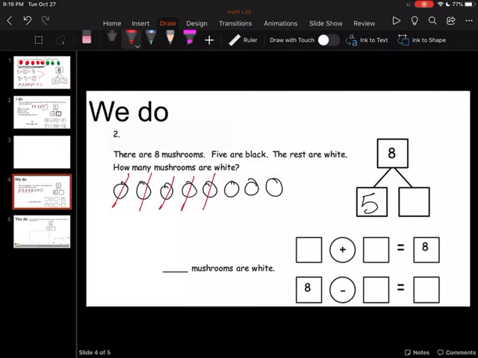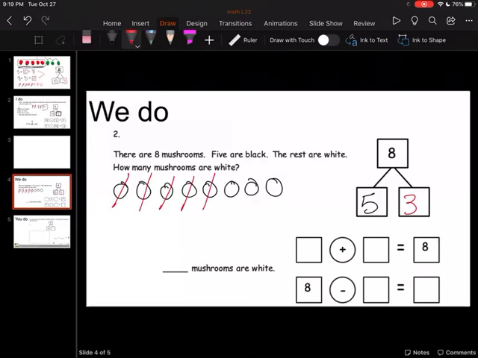All right. So how many mushrooms am I left with after I crossed off those 5? Count on my screen. How many mushrooms are you seeing that I'm left with? 3. We're left with 3 mushrooms. So that tells me that 3 of them are white. Now we need to fill in our number sentences.